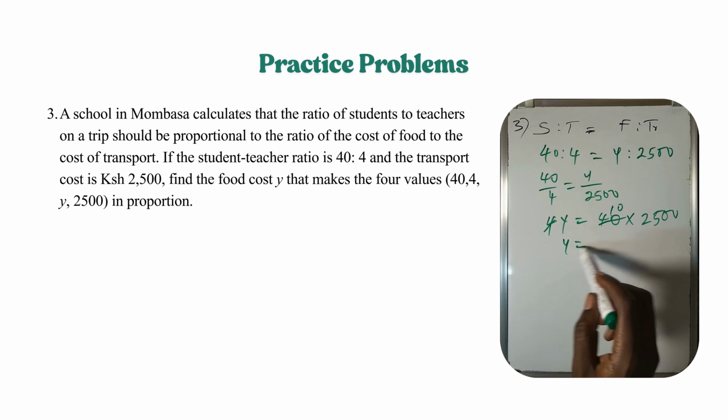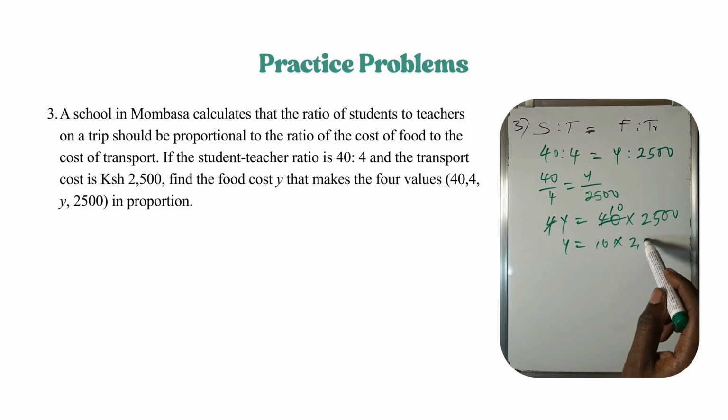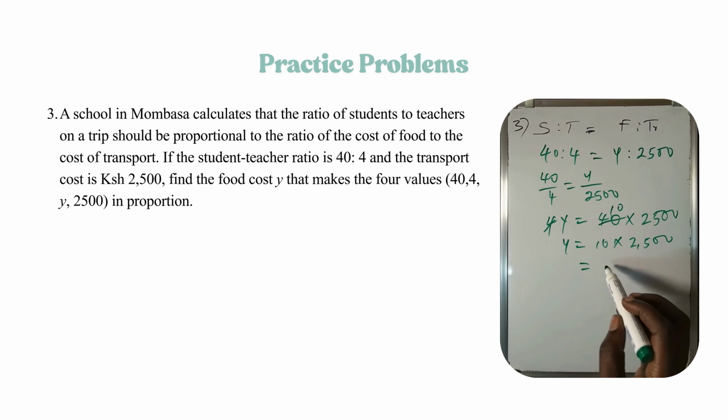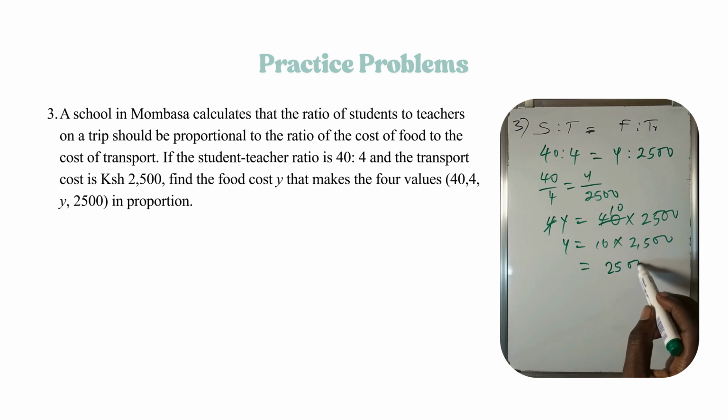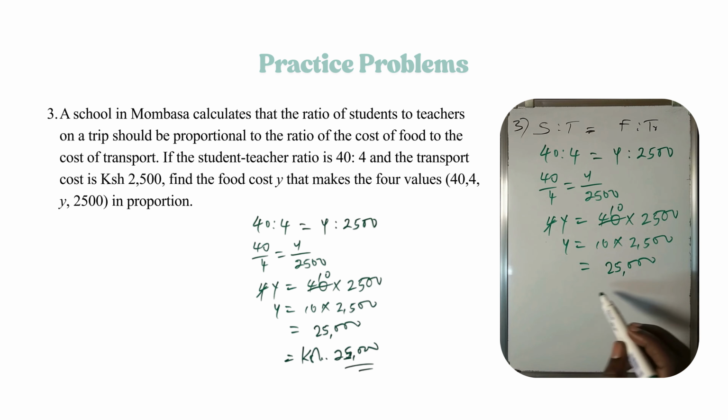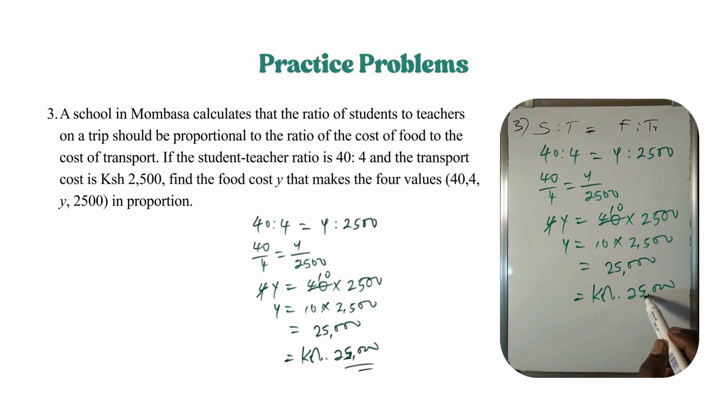So our Y will be 10 times 2,500. So our Y will be 25,000 Kenyan shillings. So we can say our Y is 25,000 Kenyan shillings. So it's so easy.